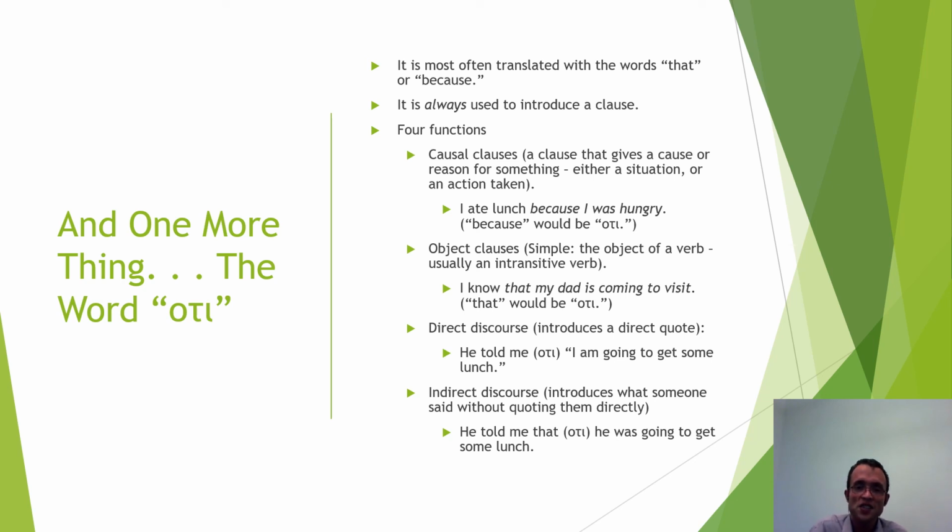You don't have to memorize this list of rules. We're just trying to understand how hoti works. So in this case, it's, he told me that he was going to get some lunch. See how I have the same thing he said, but without a direct quote, without quote marks? That's indirect discourse. And in this case, the word that would be translated with hoti.